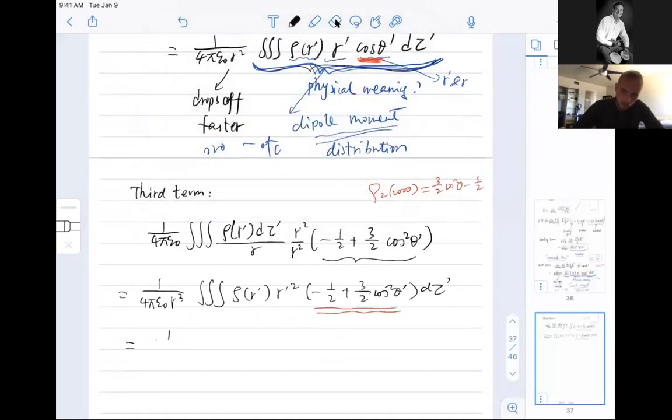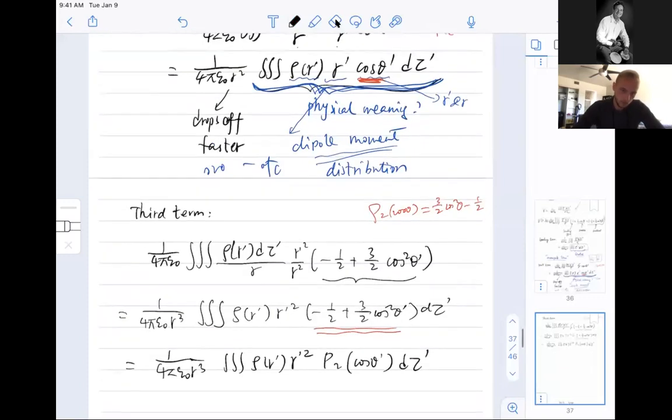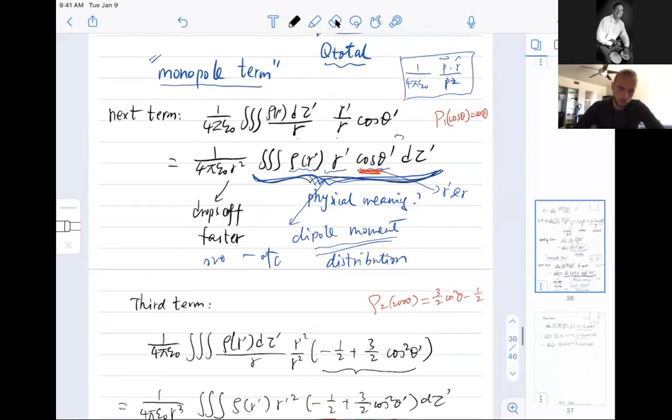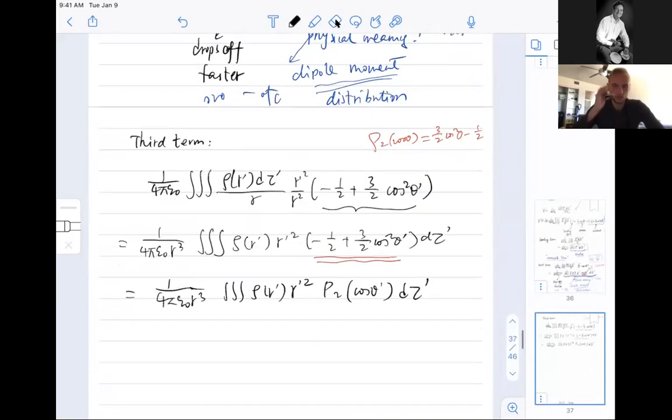We can replace all of that with simply P2, d tau. Of course, here you could have rewritten this using P1, but cosine is simple enough. You can just leave it as is.